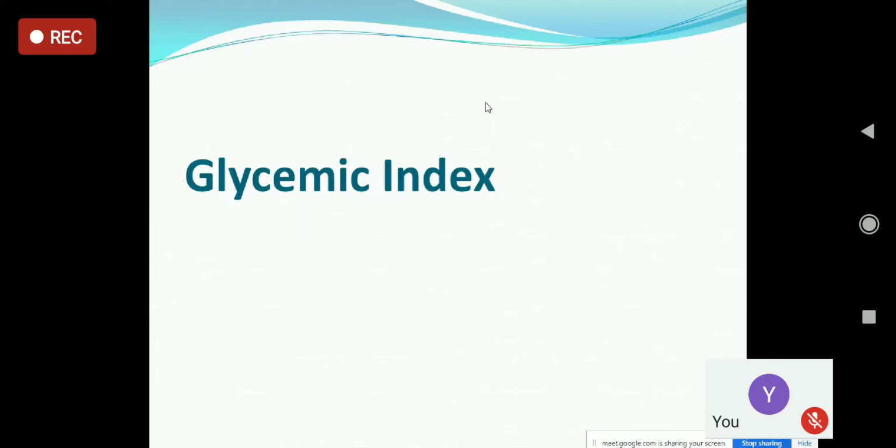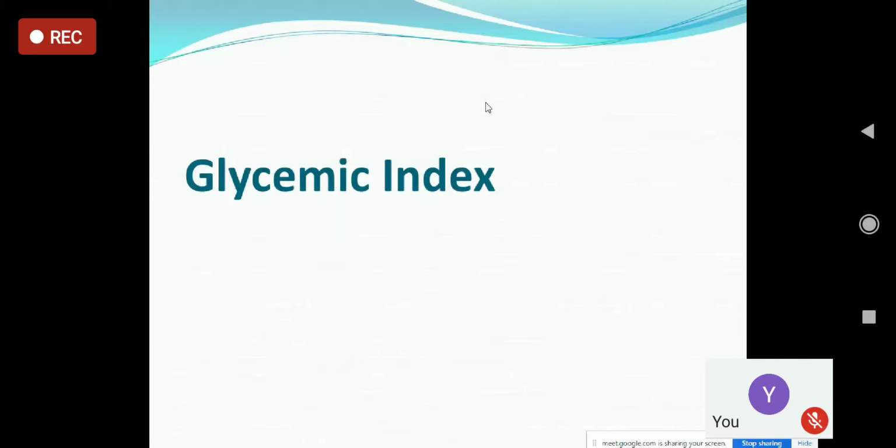But knowing only the amount and type of carbohydrate in a food is not enough to predict the effect on blood glucose fluctuation. Some foods that are rich in complex carbohydrates raise the blood glucose very quickly, and some foods raise the blood glucose level only a little and slowly.